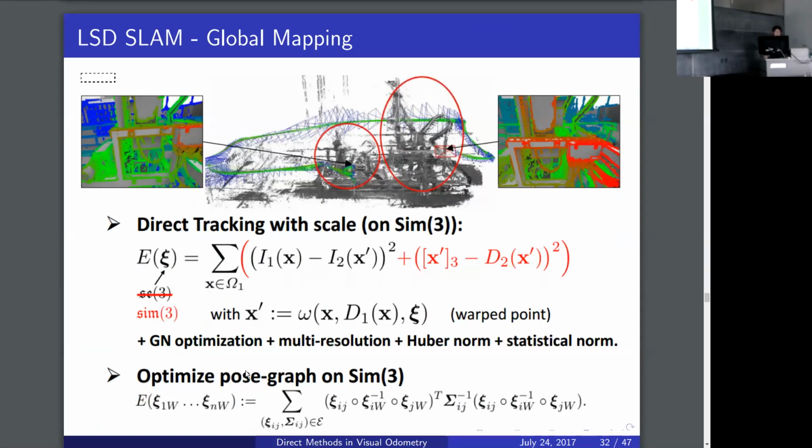But in terms of optimizing the pose graph, they didn't really say much other than this cost function, and they said that they just leave it to G2O to solve it. So in terms of the mapping part, I feel like it's added as a small link.